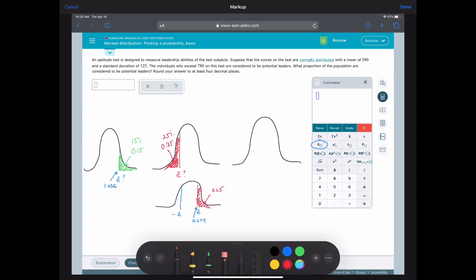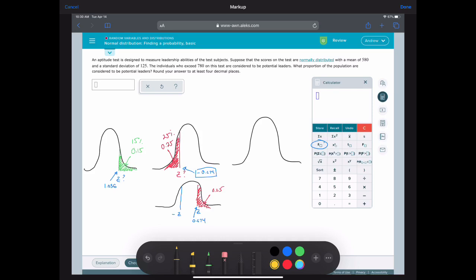Since we want the left side, we are going to make it negative 0.674, and that would be our answer. So since the calculator gives us the right, to flip it to the left side, we just change it to negative. And the last scenario is what happens if we want the middle 90%.